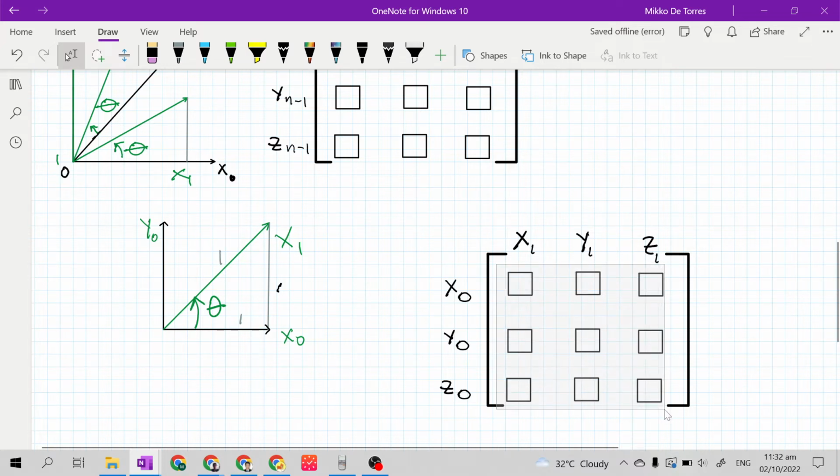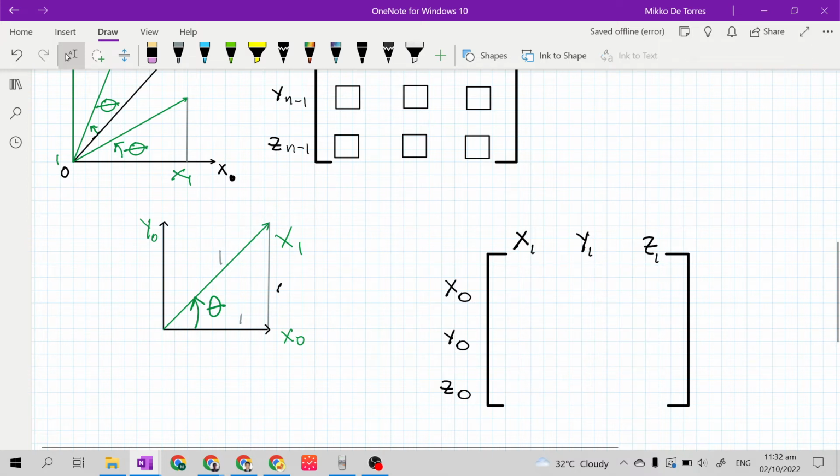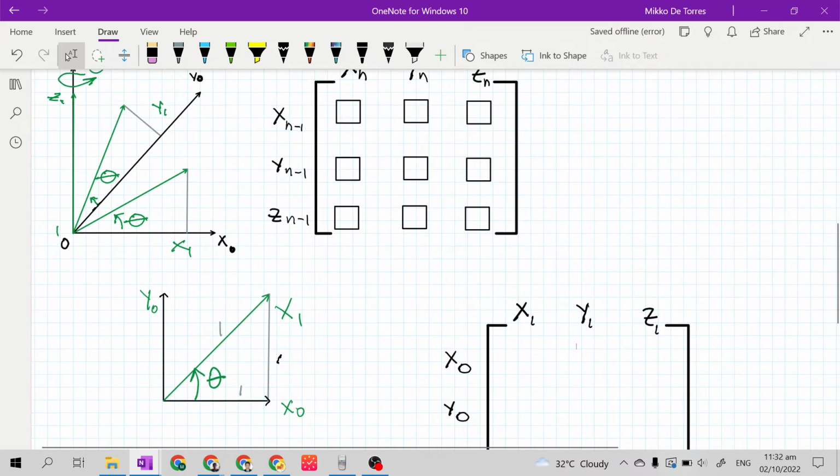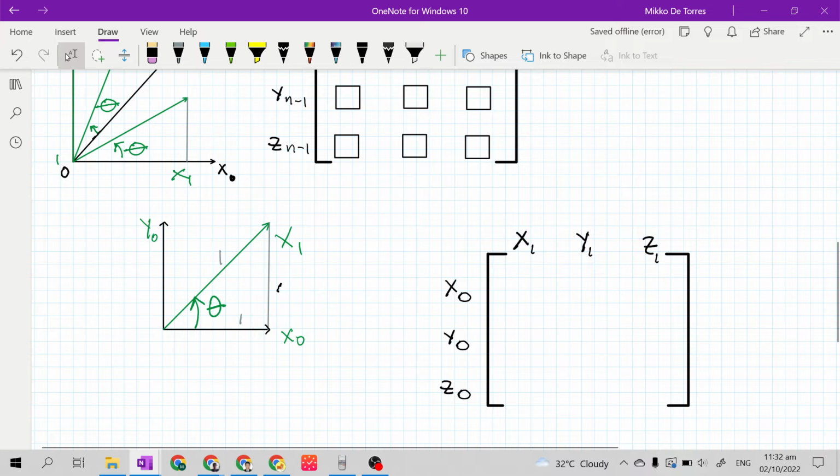So let's erase this. What does that mean? We will look at x sub 1 and x sub 0 in our matrix, and we will look at x sub 0 and x sub 1 in our right triangle. If you notice, there is a 1 at each side of the right triangle, because we will assume here that the sides of our right triangle are 1.